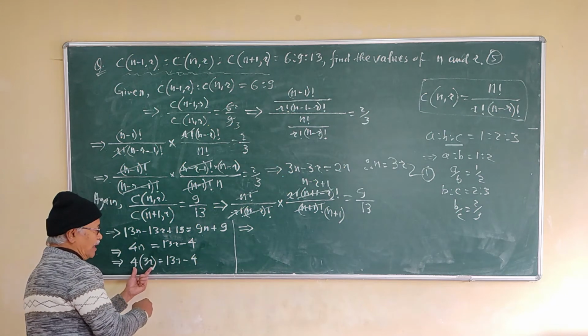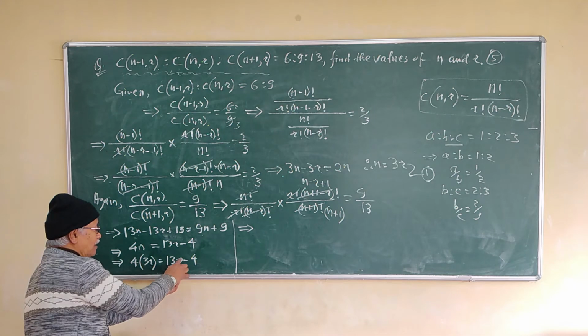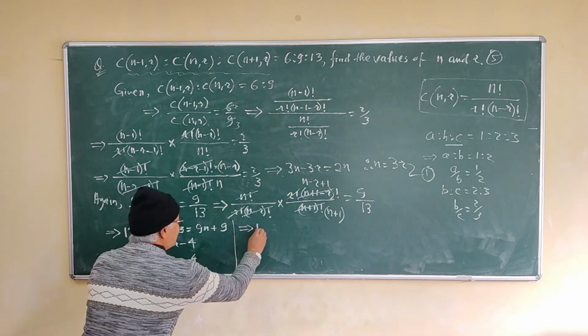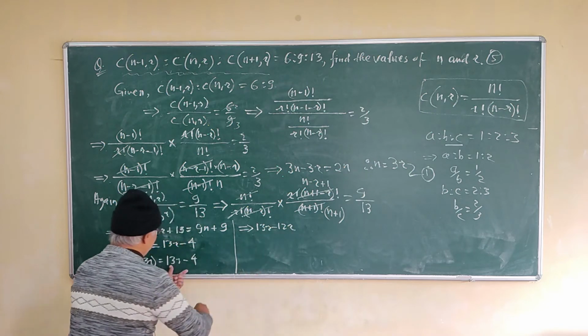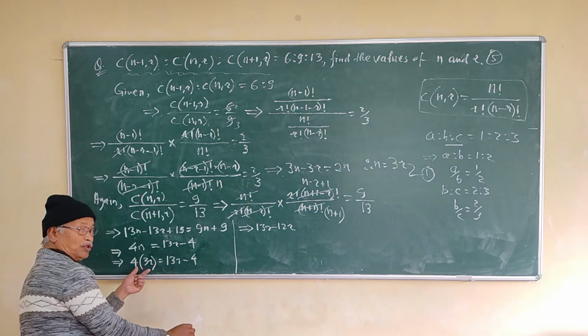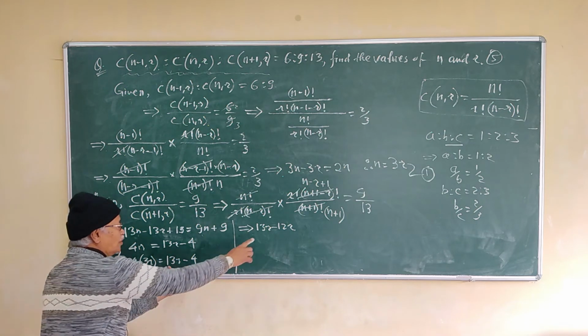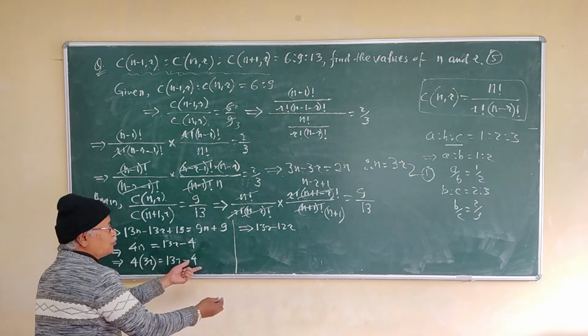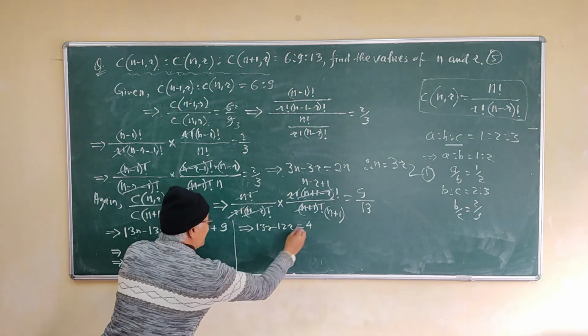This 12r, I'll bring it to the other side. It will become 13r minus 12r, because 4 threes are 12r, which is brought to the other side, so it becomes minus, and minus 4 you send to the other side, it becomes plus 4, right?